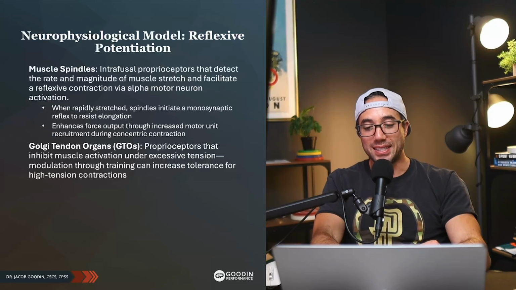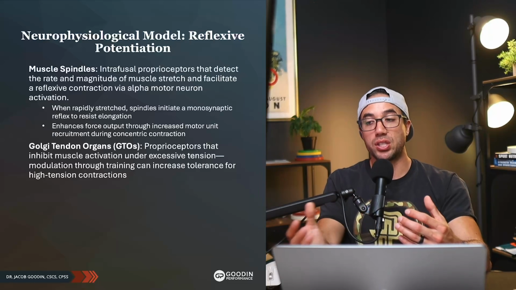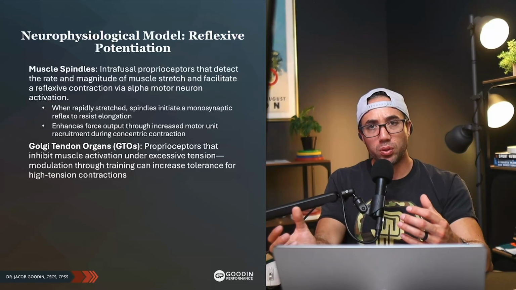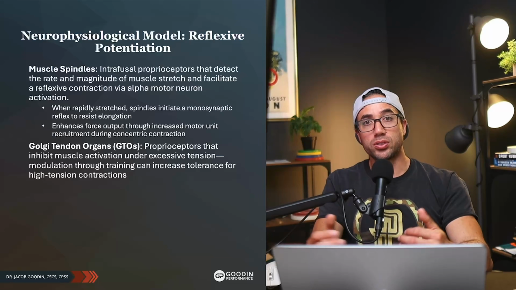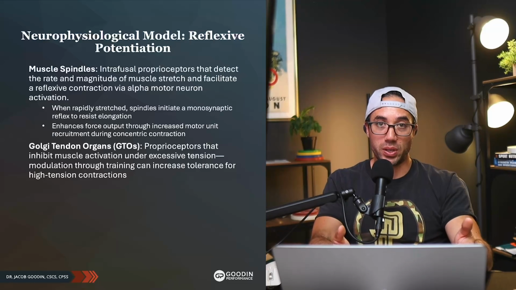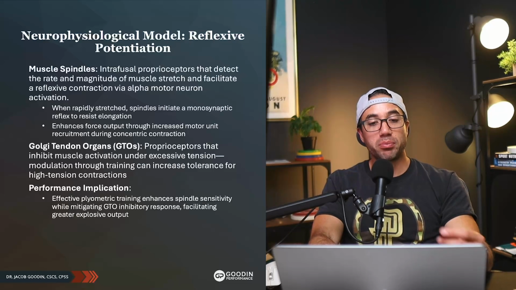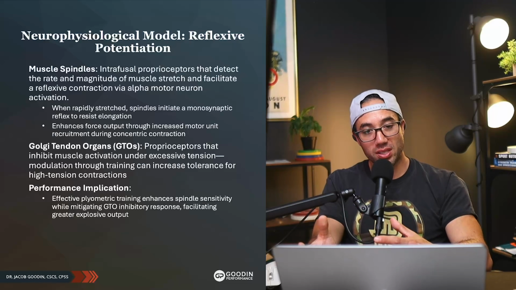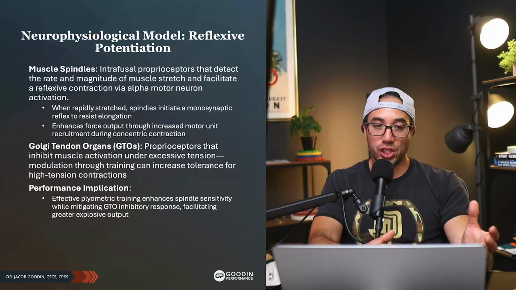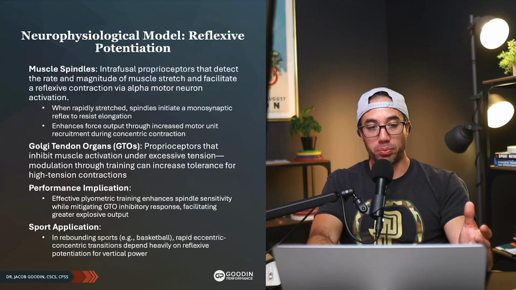It is cool. And so GTOs are involved in stretching, okay, and in regulation of that slow passive tension, but also under excessive and high tension in these types of situations, they're a protective mechanism as well. Okay, so effective plyometric training will enhance muscle spindle sensitivity while mitigating the GTO inhibitory response, and that facilitates greater explosive output.